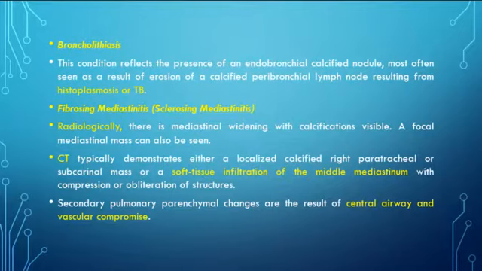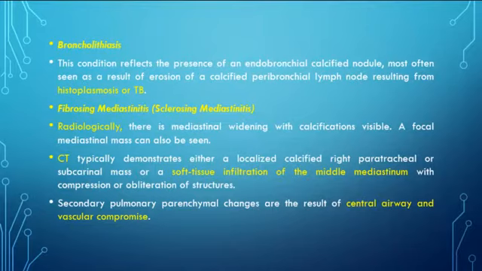Broncholithiasis. This condition refers to the presence of an endobronchial calcified nodule, most often seen as a result of erosion of a calcified peribronchial lymph node resulting from histoplasmosis or TB. Lastly, fibrosing mediastinitis. Radiologically, there is mediastinal widening with calcification visible.